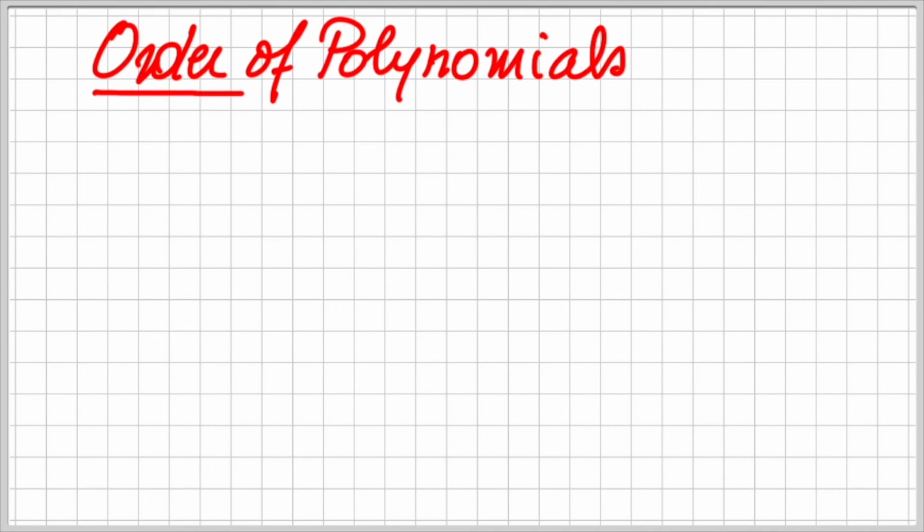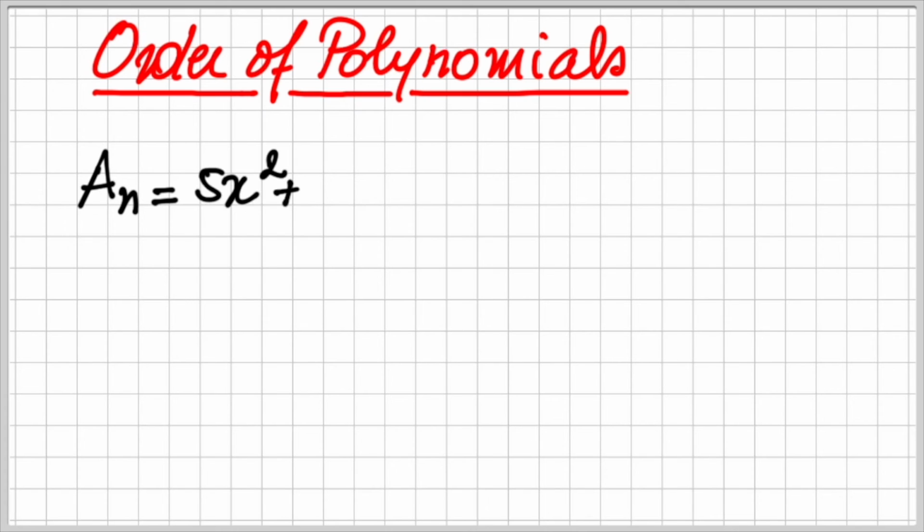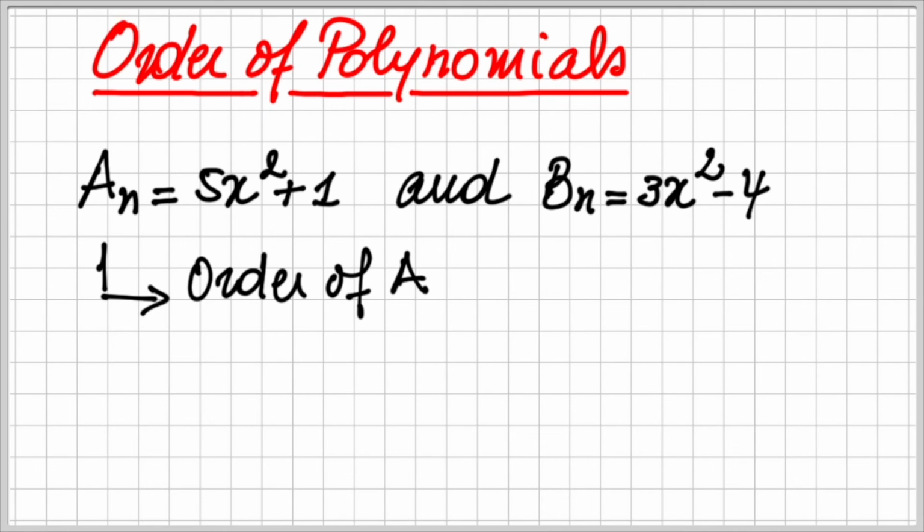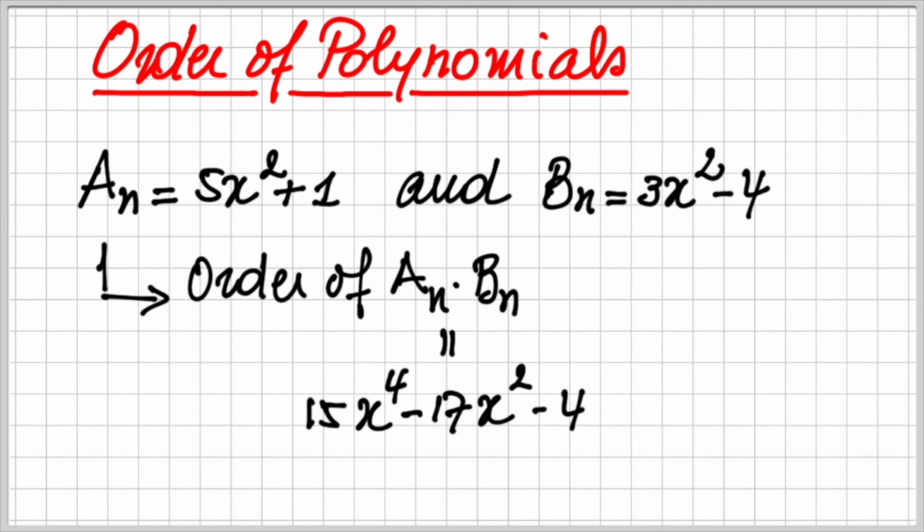Now, when we look at the order of the polynomials when we multiply, we have to look at some special cases. In the example that we took, an and bn are both polynomials of the second order, so the first coefficient different from 0 is the coefficient of x to the square. The order of the product, 15x to the power 4 minus 17x to the square minus 4, is equal to 4.